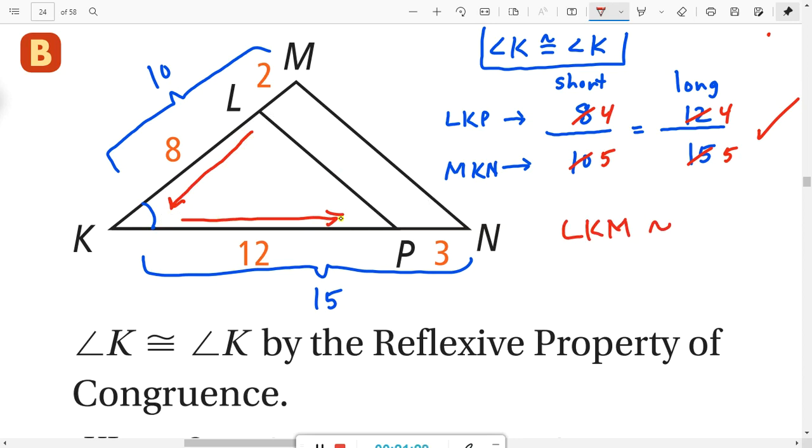Let me erase this so it's not a mess here. Same for the big triangle, past the short side, MK, and then past the long side, KN. So that is MKN. The triangles are similar by SAS.